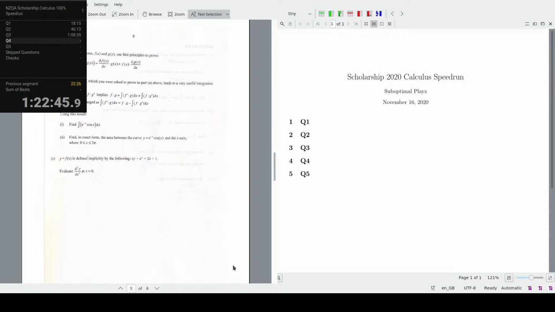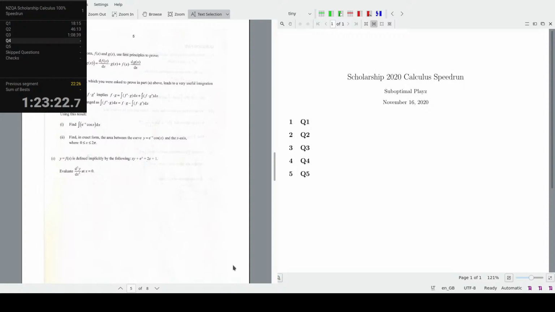You get negative e to the negative 2 pi times sin 2 pi plus cos 2 pi on 2, minus negative e to the negative 0 times sin 0 plus cos 0 on 2. Which, the top is just negative e to the negative 2 pi times a half, right? So it's on 2 plus 1 on 2. Alright. Done.